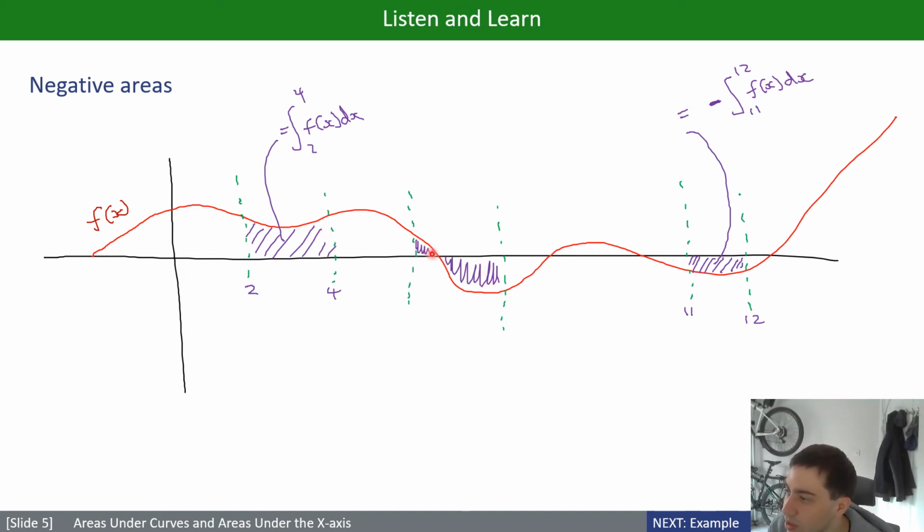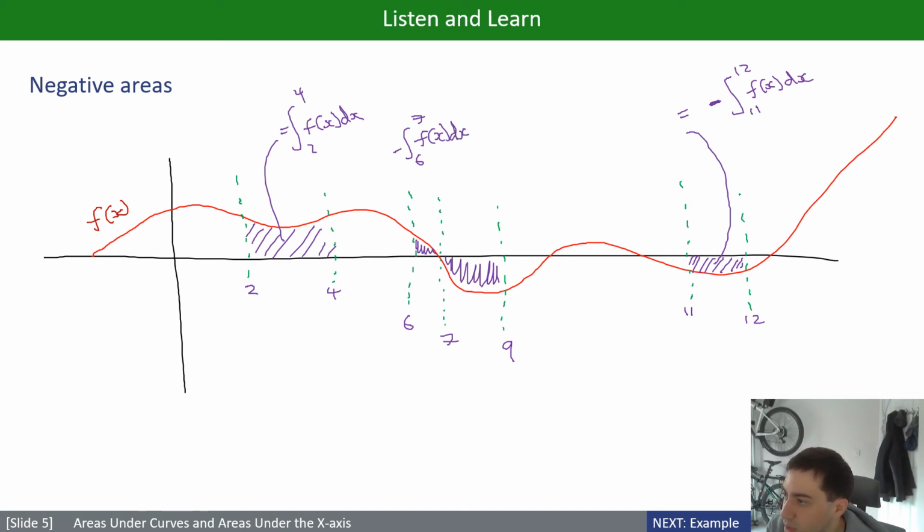So if you were asked to find an area like that, the solution is to split it up into regions where it's either fully above or fully under the x-axis. So for instance, let's make some numbers up here. Let's say that's 6, that's 7, and that's 9 on the x-axis. Then what I would do is find the integral from 6 to 7 of the function.